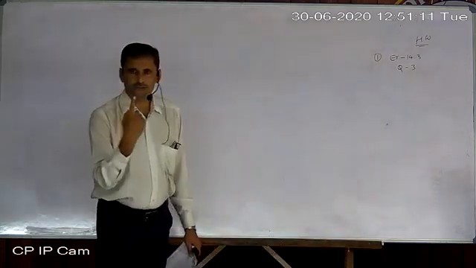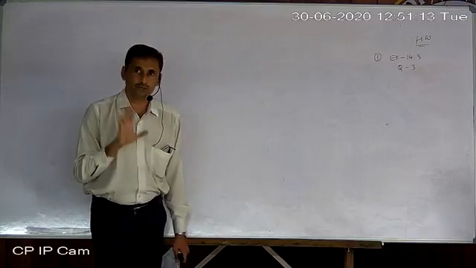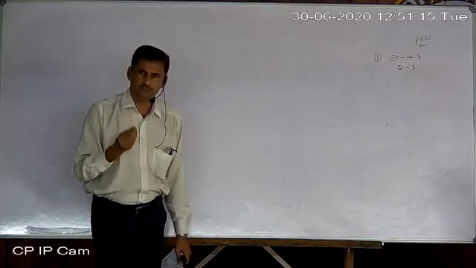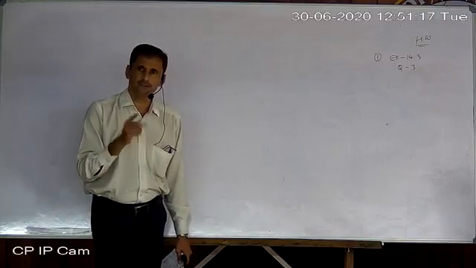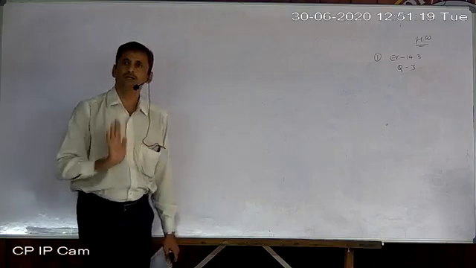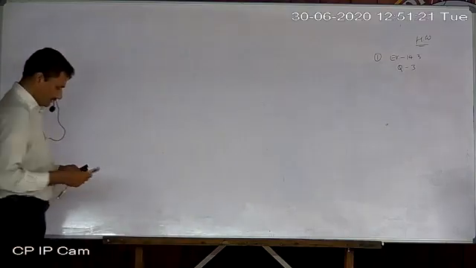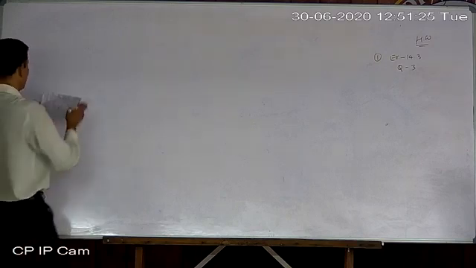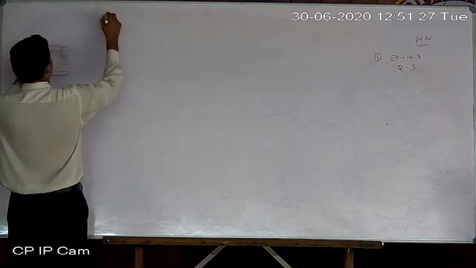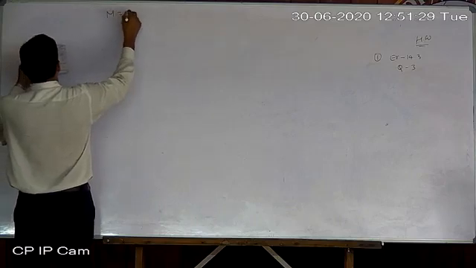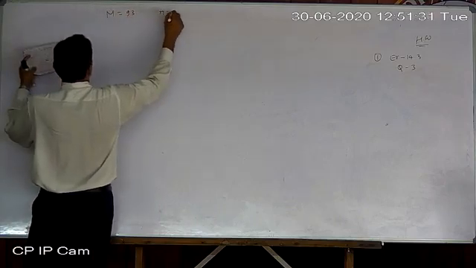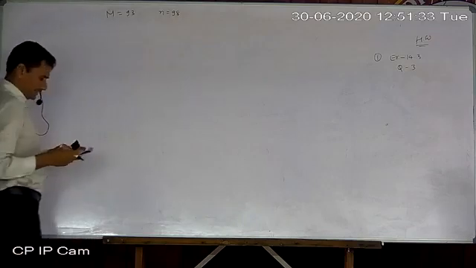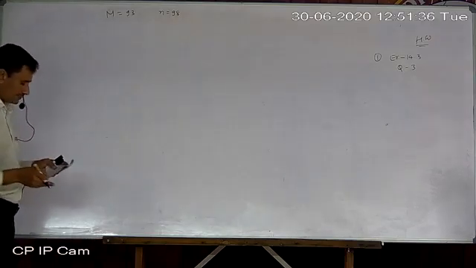If one frequency is missing, only median will be given, not n. Okay, so keep in mind, if two frequencies are missing, median as well as n both are given. So I am taking median equal to 93 and n equal to 98. Okay, that is an extra sum, not from the textbook or worksheet.